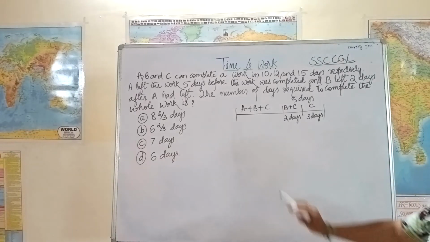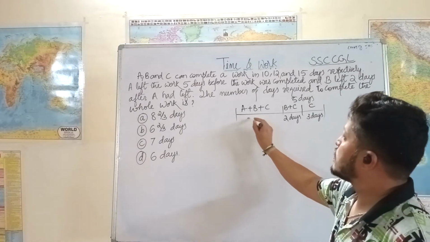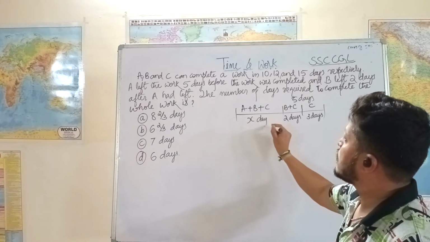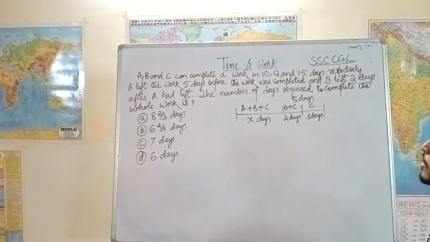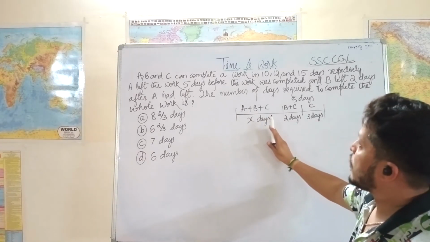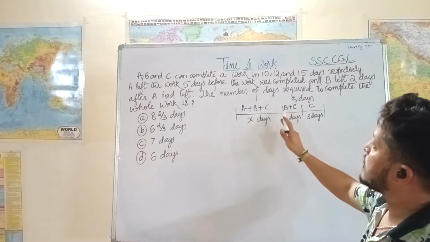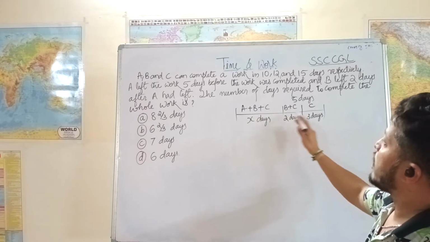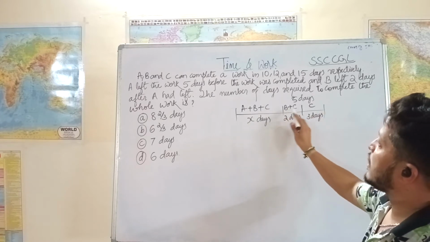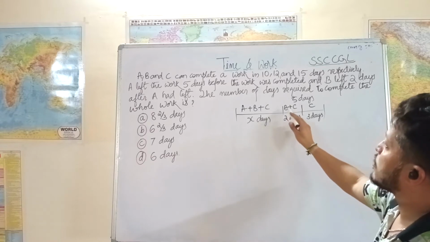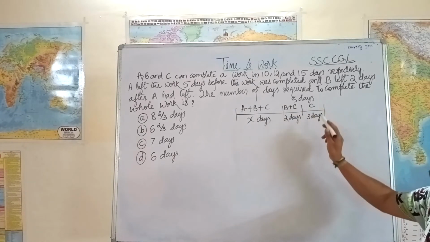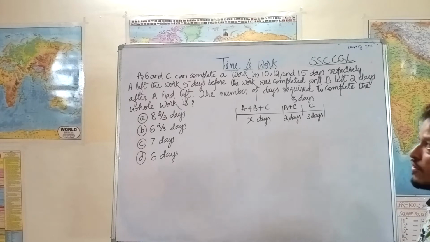Clear? We don't know this X number of days. So A, B, C started to work together, and after some days A left when 5 days were remaining. So only B and C worked for 2 days. After 2 days, because B also left, only C was working for the last 3 days.